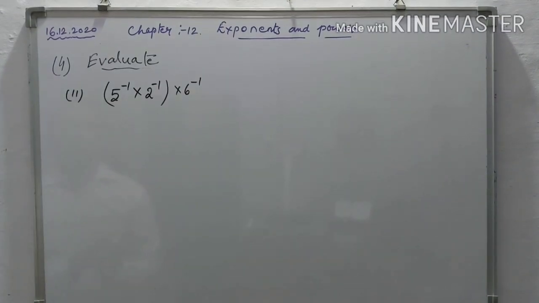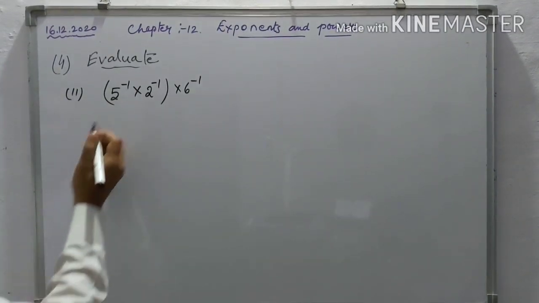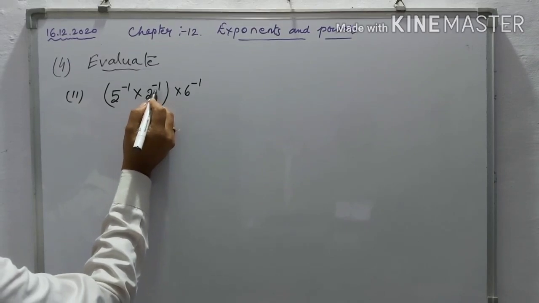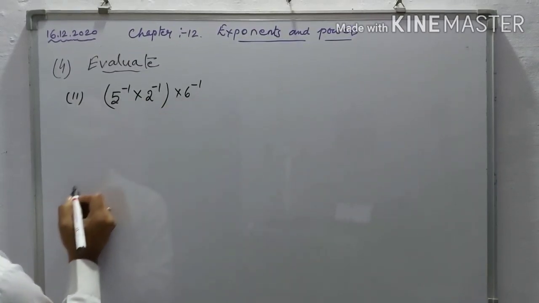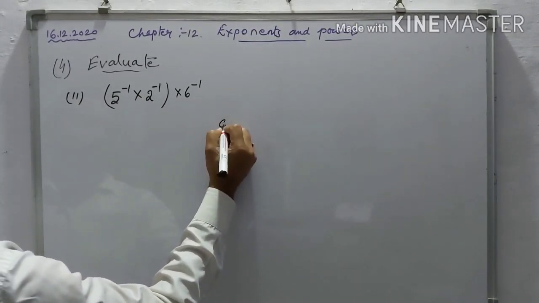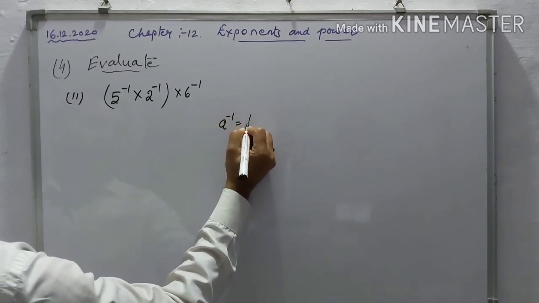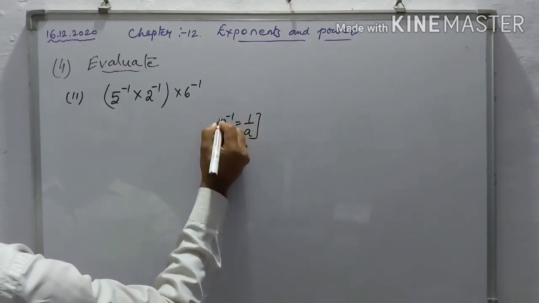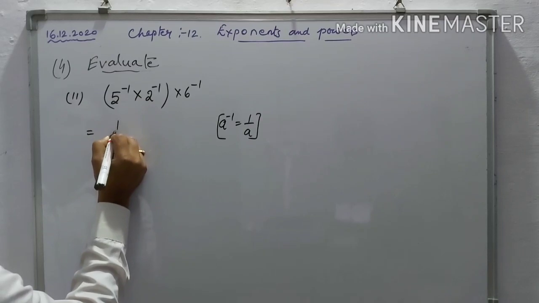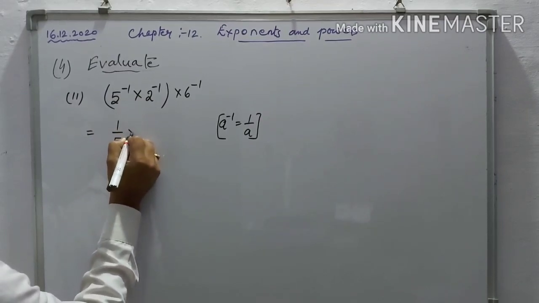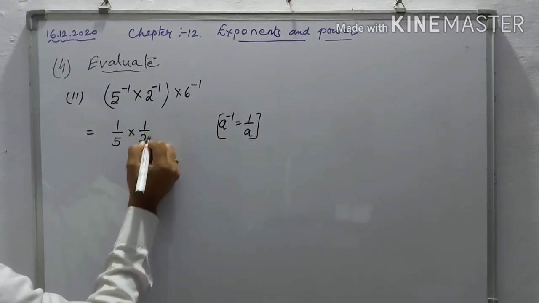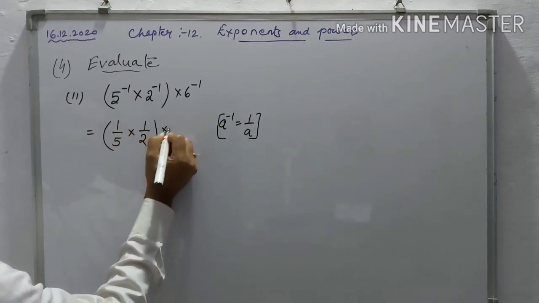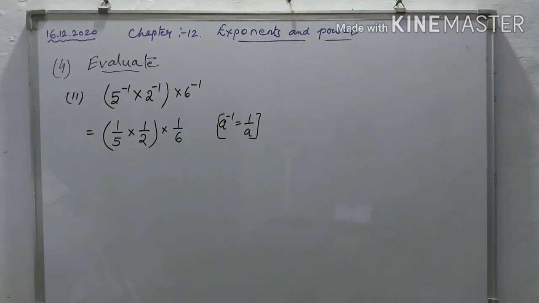The question number 4, second, is 5 to the power -1 into 2 to the power -1 into 6 to the power -1. Here we use the identity a to the power -1 is equal to 1 upon a. So we write 1 upon 5 into 1 upon 2, and into 1 upon 6.